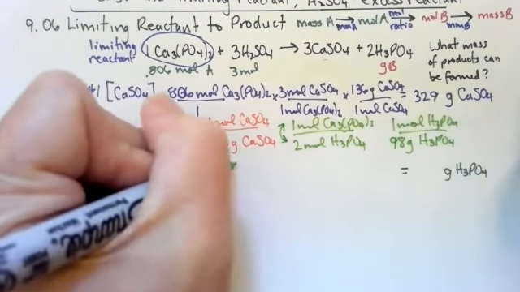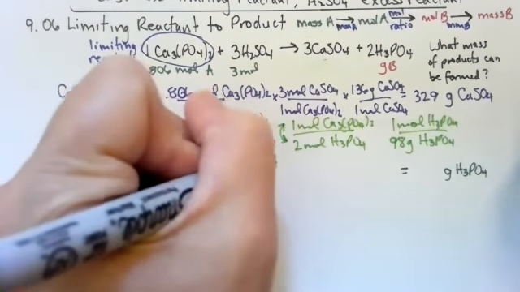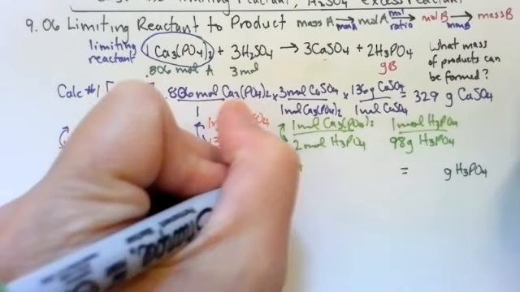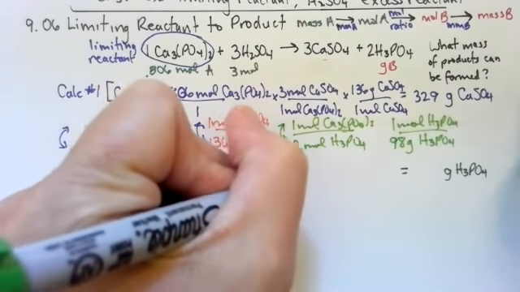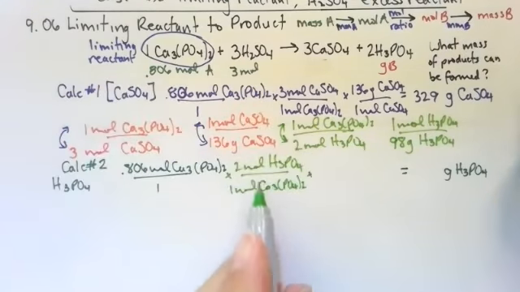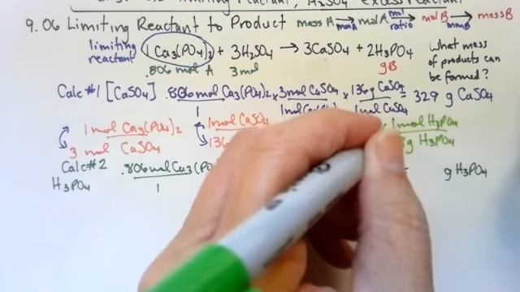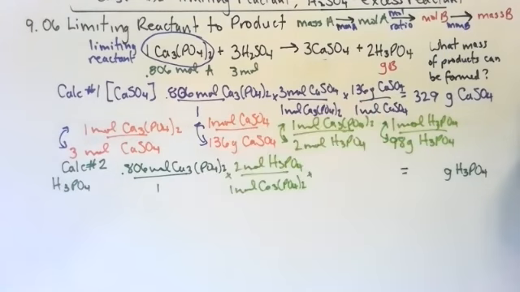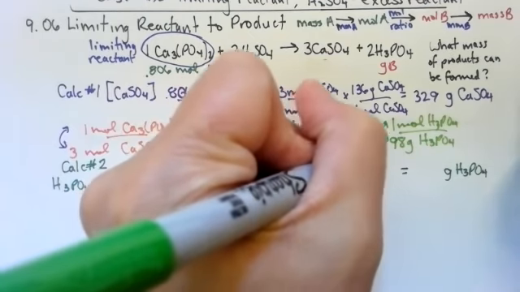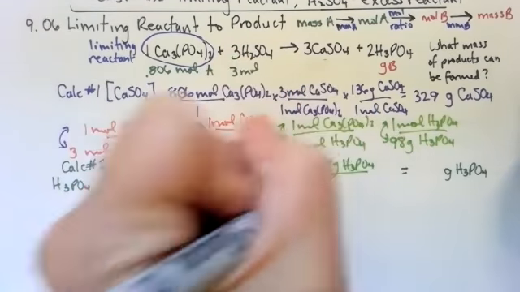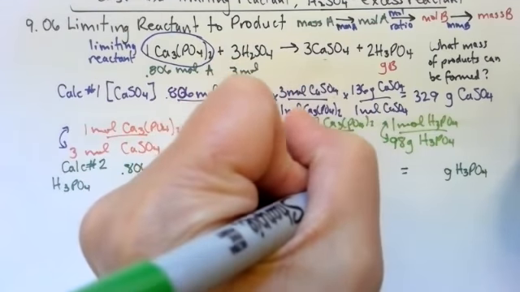So I've got 2 moles of H3PO4 over 1 mole Ca3(PO4)2. And then I've got moles on the top here, so this next one's also going to have to be flipped. I'm going to write in 98 grams H3PO4 over 1 mole H3PO4.